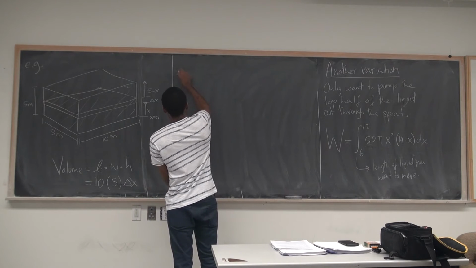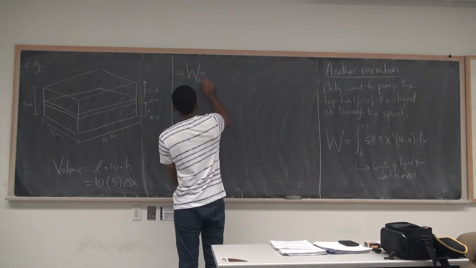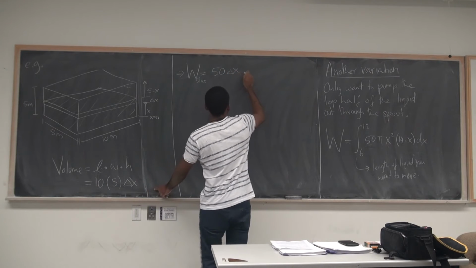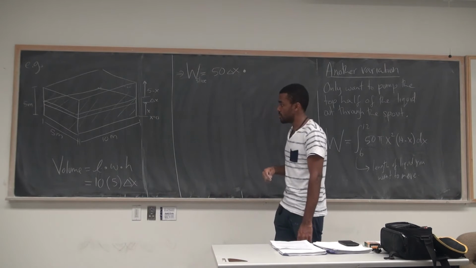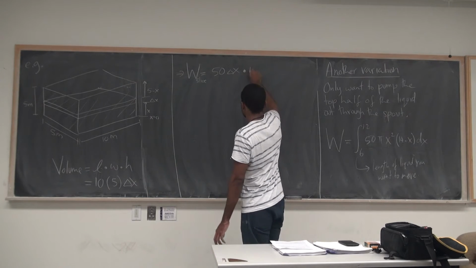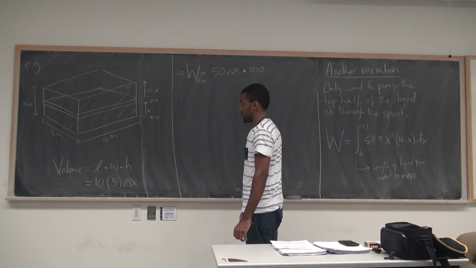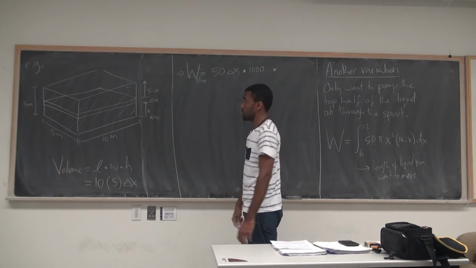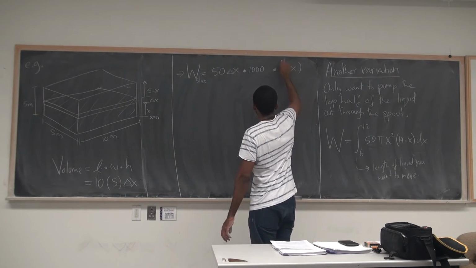So my work to move this one slice is equal to volume, 50 delta x, times density. What is the density here? 1,000. And what's my distance? 5 minus x. Is that fine?